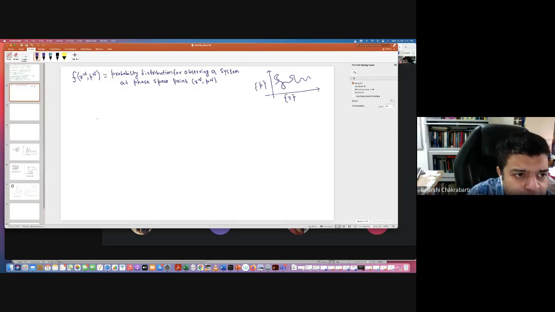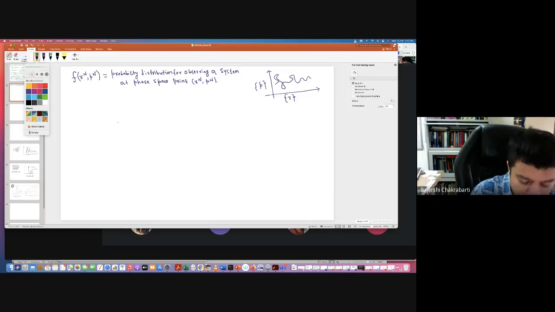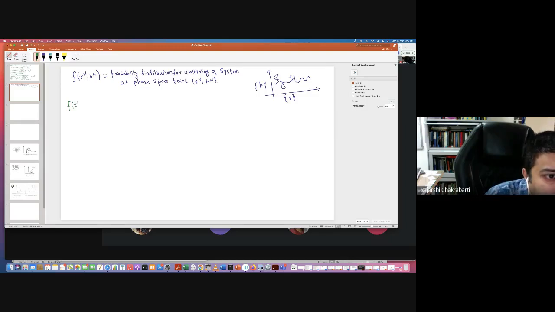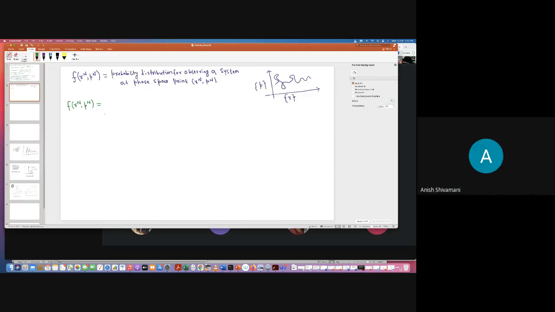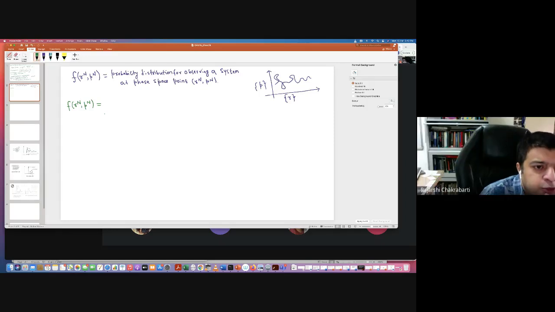And what it should be, any guess? Since you have done a good amount of statistical mechanics, you should be able to tell me what this expression is. What should I write on the right-hand side? If you know the Boltzmann distribution, exponential of minus beta H(r^n, p^n) divided by the integral. Yes, it has to be like this.